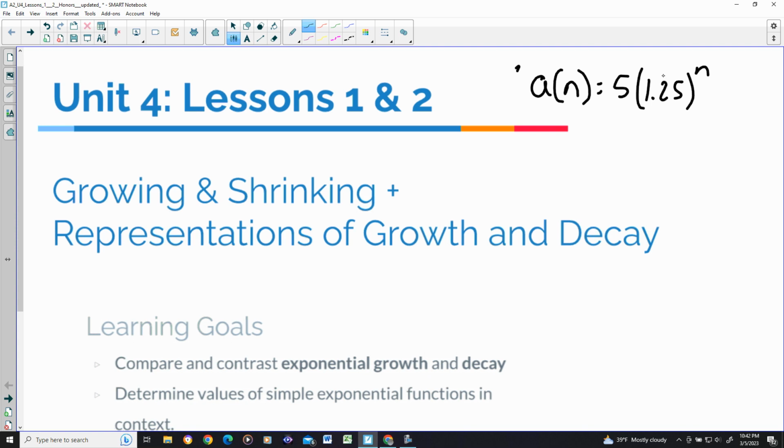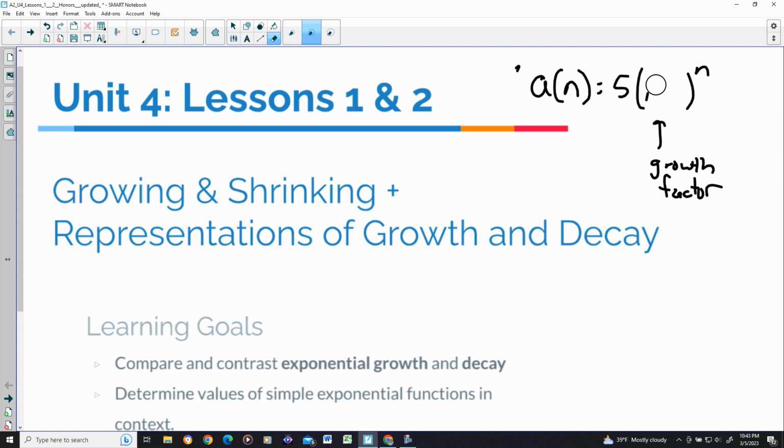But if you recall, this here was called the growth factor. And the growth factor determined whether the function was increasing or decreasing. In this particular case, the function is increasing. It's increasing by a rate of 0.25, so it's a 25% increase. And the more common situation that we saw was this one.